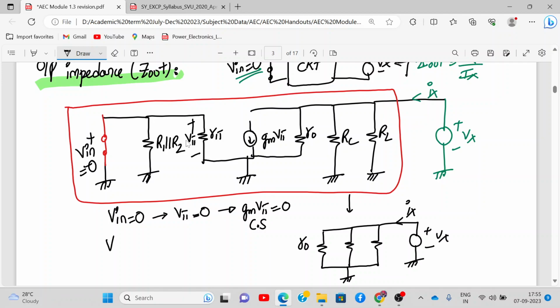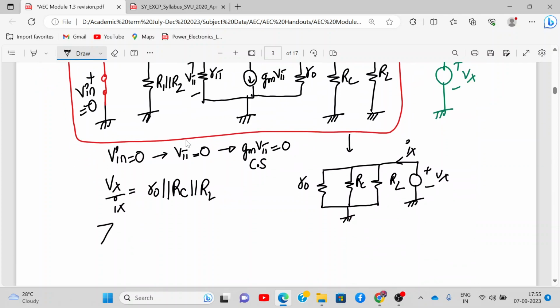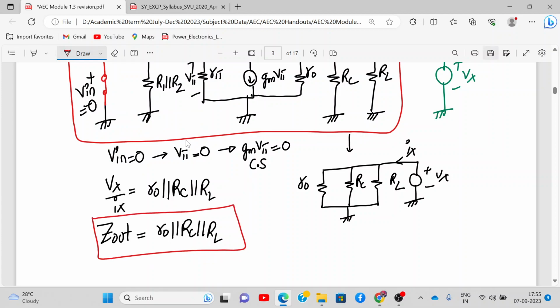So tell me what is Vx upon Ix looking at the circuit. It will be RO parallel to RC parallel to RL. Yes, that's the impedance, so that is Z out. It's very easy this way to derive. This I have learned from Professor Razavi's lectures. It's a very shortcut technique and it's equally valid.